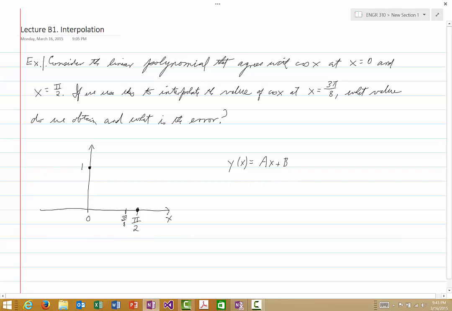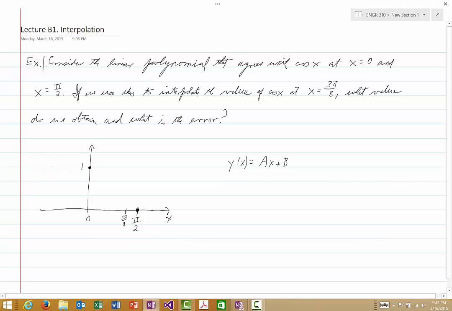That's a linear polynomial. And we have two unknowns there, a and b, but we have two pieces of information. We know the value of the function at x equals 0, namely it's equal to 1 there. And we know the value of the function at x equals pi over 2, namely there it should be equal to 0. So we have two pieces of information.